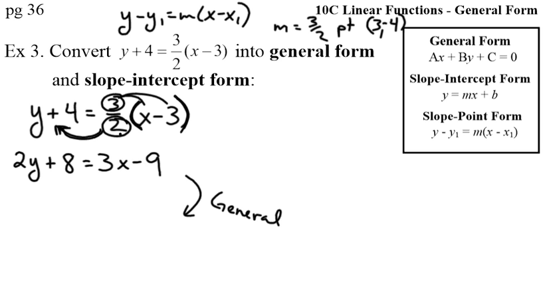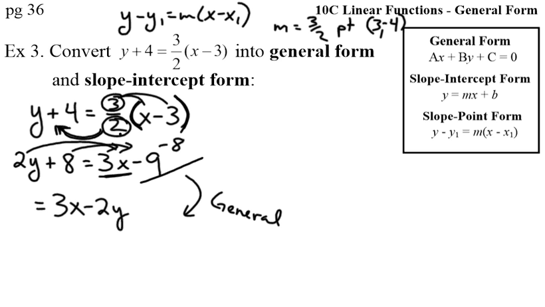General form, no fractions. What else is important? A positive x term, which we have. So I like the 3x being there. What does that mean? 2y has to go over to become a -2y. The 8's going to go over and become a -8. So -9 and a -8 is a -17. And there's our general form.